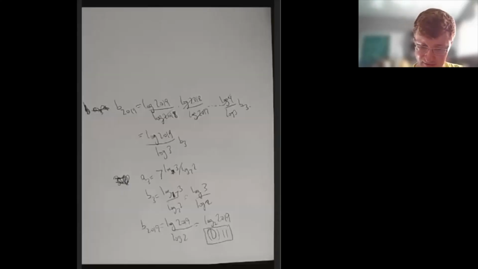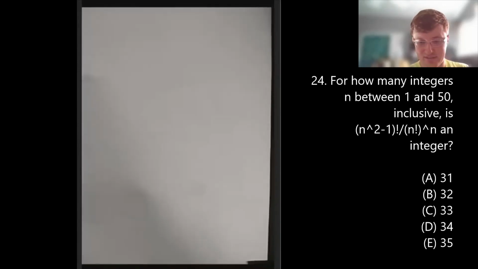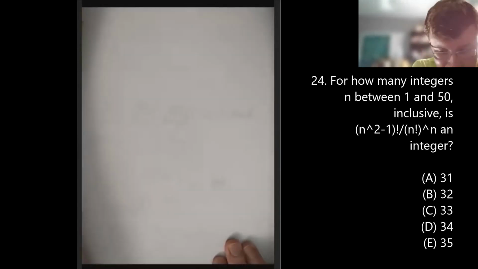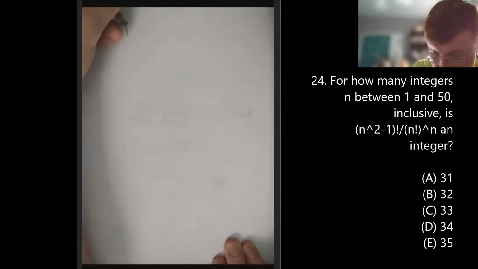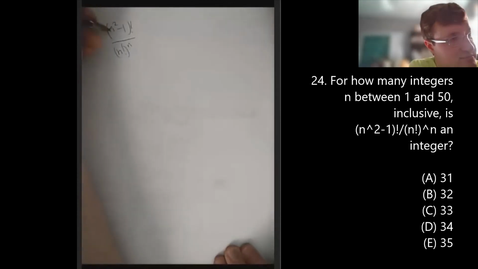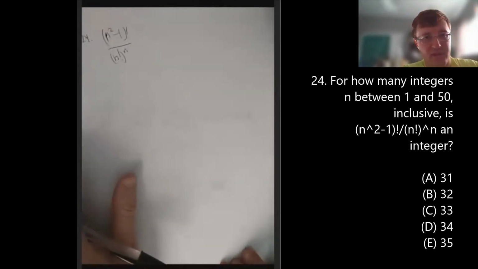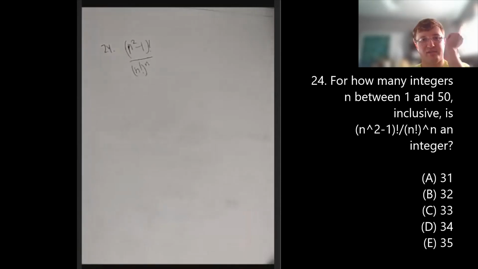Okay, I'm not sure. Okay, is n squared minus 1 factorial over n factorial to the n an integer? Let me think about this.